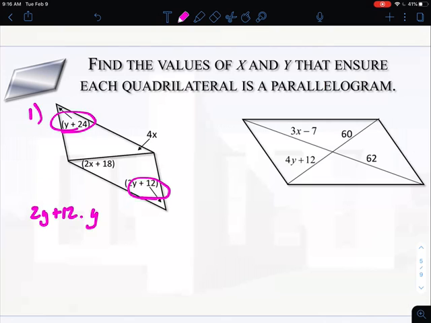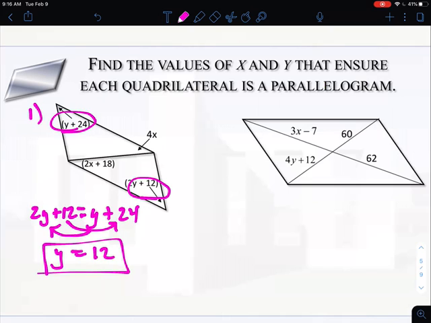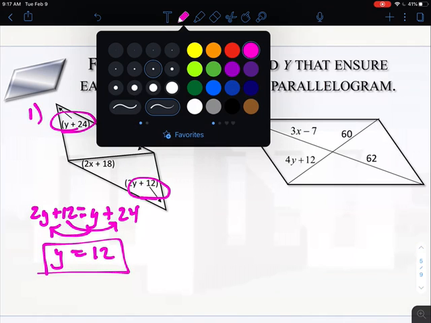And we know that in a parallelogram, opposite angles have to be congruent. So I'm going to take 2y plus 12 and set it equal to y plus 24. And so when I do that, I can go ahead and solve for y. So if I subtract y over, 2y minus y is y, subtract the 12 to the right, 24 minus 12 is 12, and so there's my y value.